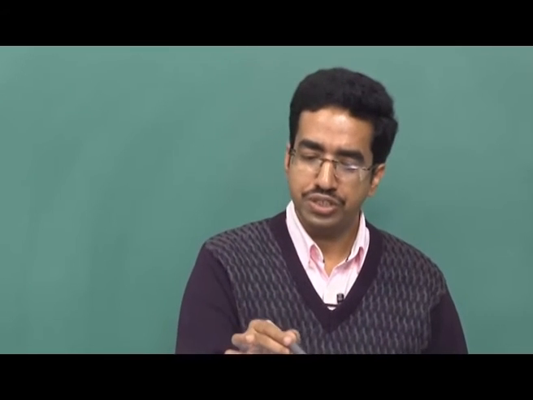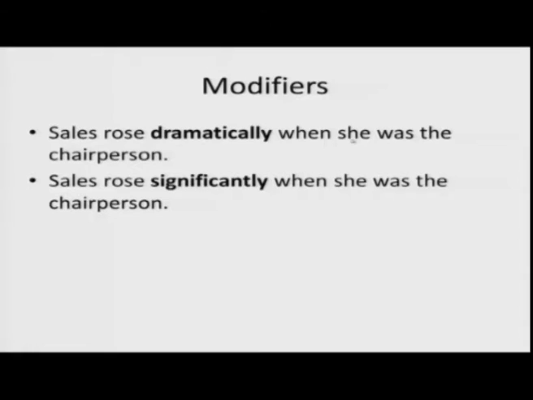So, dramatically you can say is one level up. So, by choosing the word dramatically, here the author is focusing more on the achievements of a lady when she was the chairperson. So, these subtle changes we need to be very aware of when we are reading something critically.